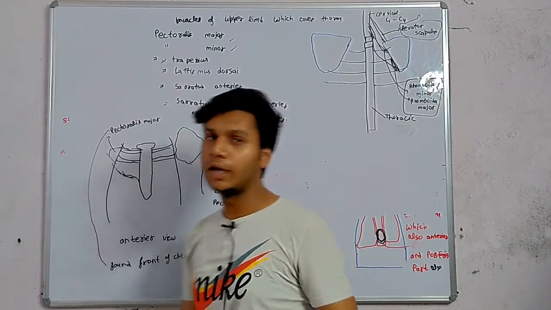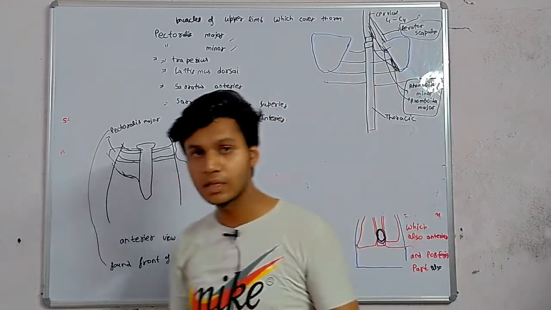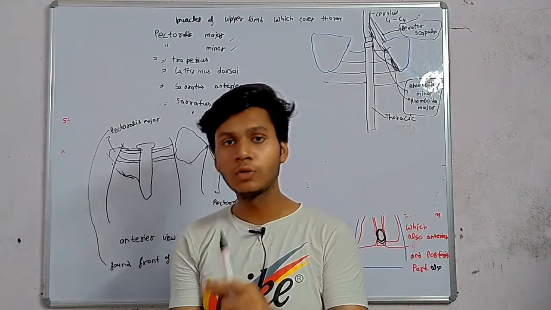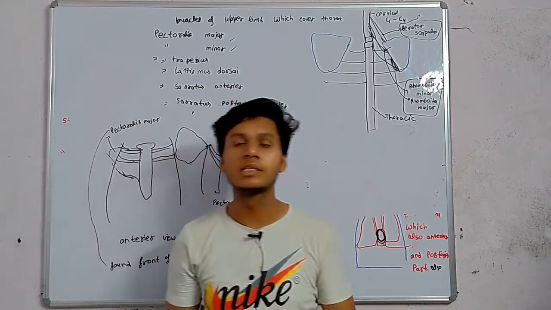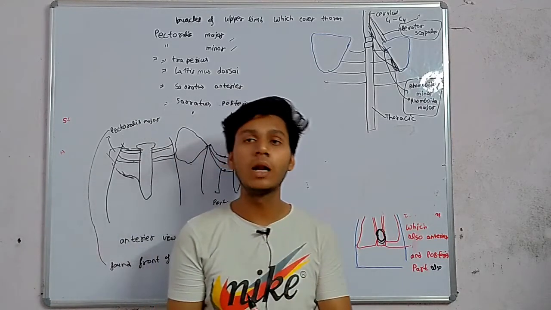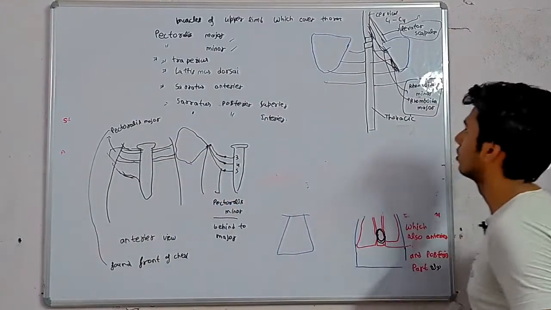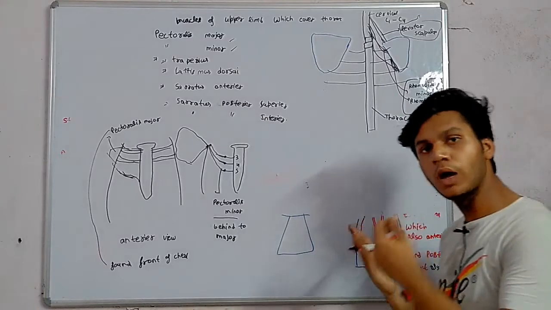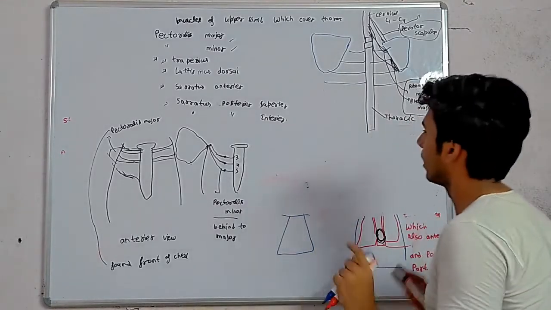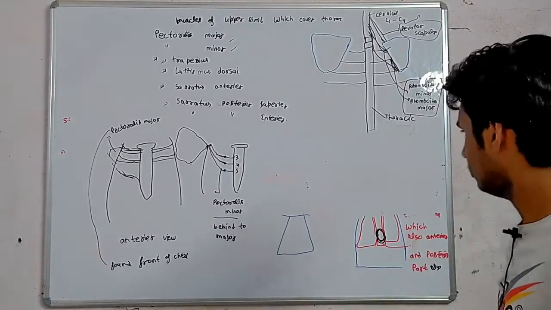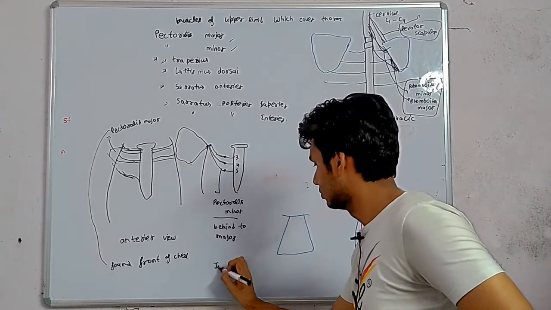Intrinsic means the muscle arises from that part and inserts at the same part, so insertion and origin are both on the same part.